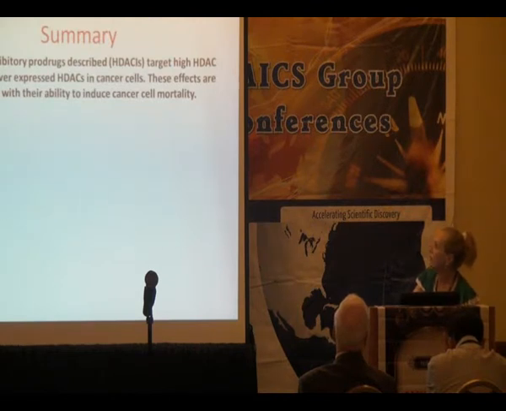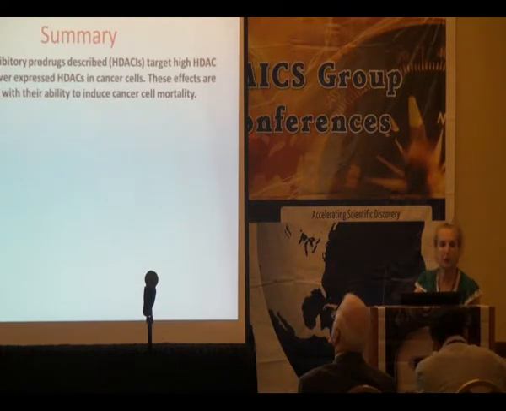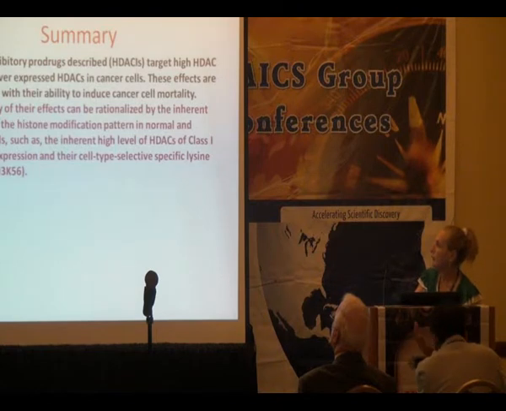These effects are in accordance with their ability to induce cancer cell mortality and shrinkage of tumor. The selectivity of their effect can be rationalized by the inherent difference in histone modification pattern in normal and in malignant cells, such as inherent high level of HDAC class 1 activity and high level of their expression.